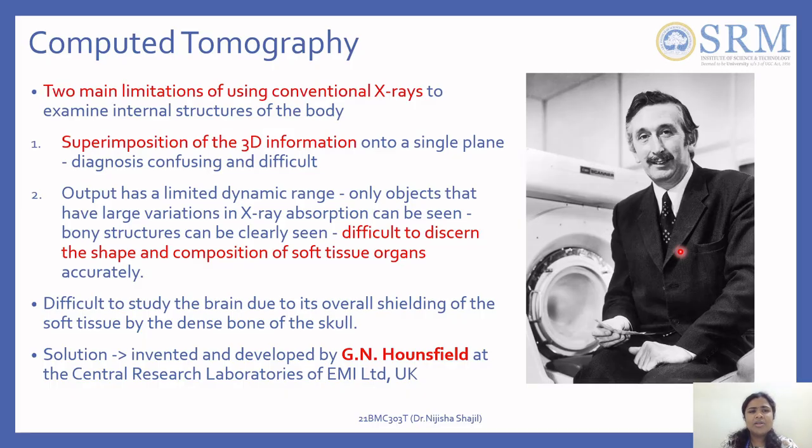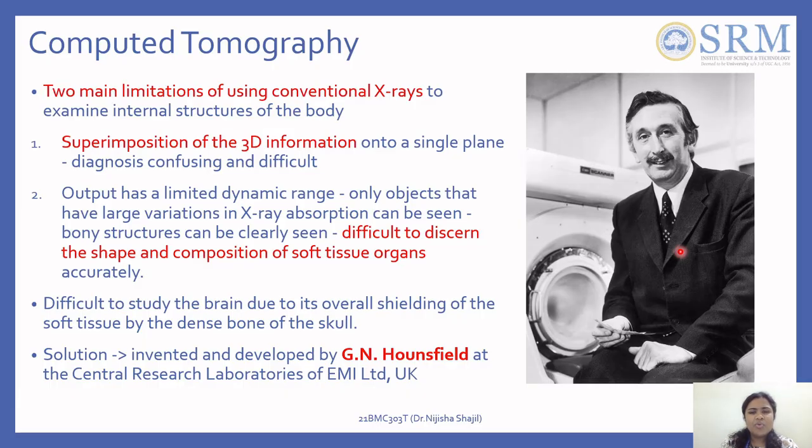The second important limitation is that only objects having high variations in density can be visualized, like the tissue and the bone. What about different types of tissue, the blood vessels, the normal tissue, fat? You cannot see the difference.